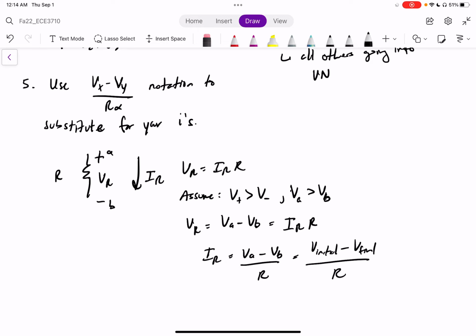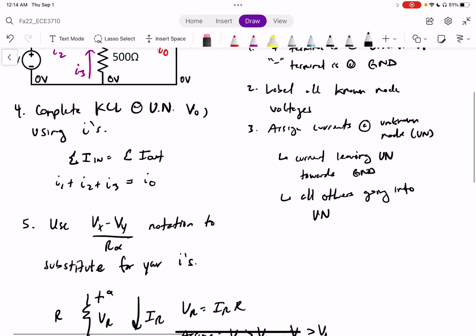Okay, so using this notation, V initial minus V final over R is equal to IR, replace the currents.